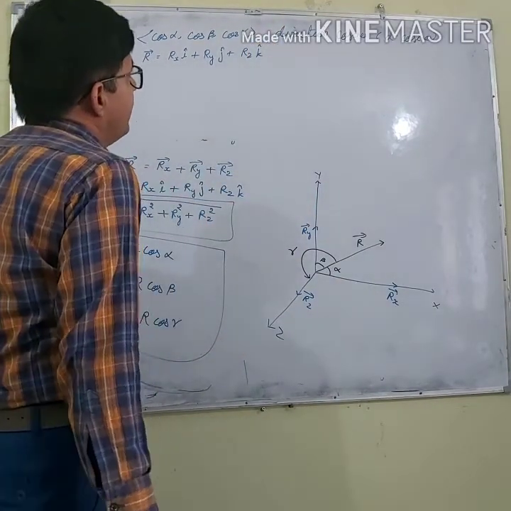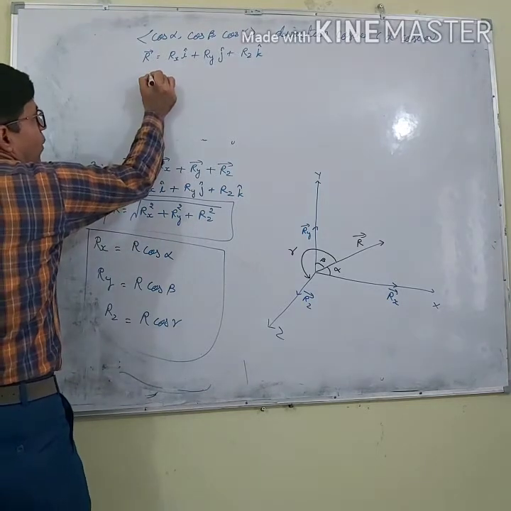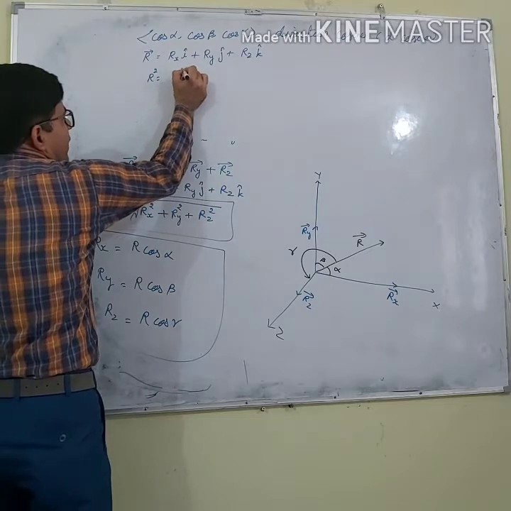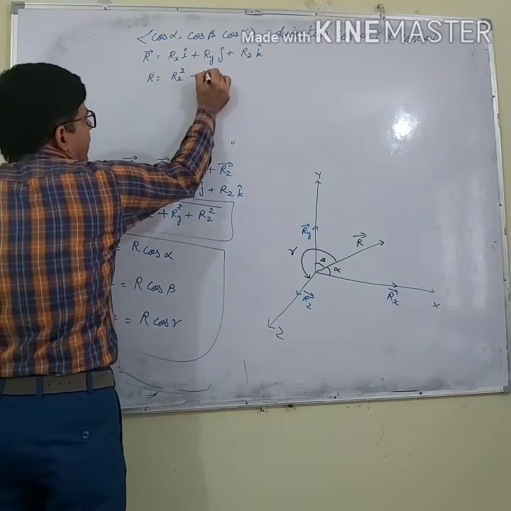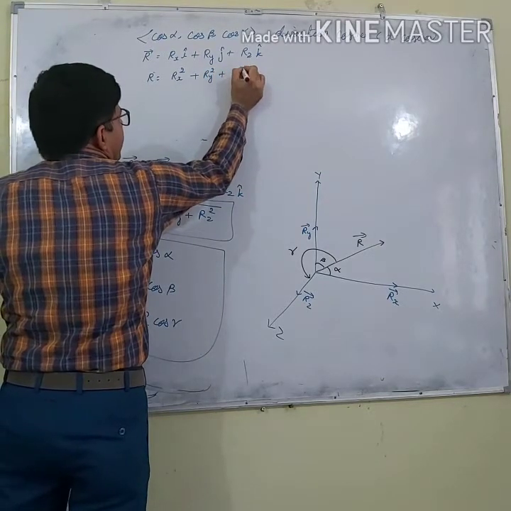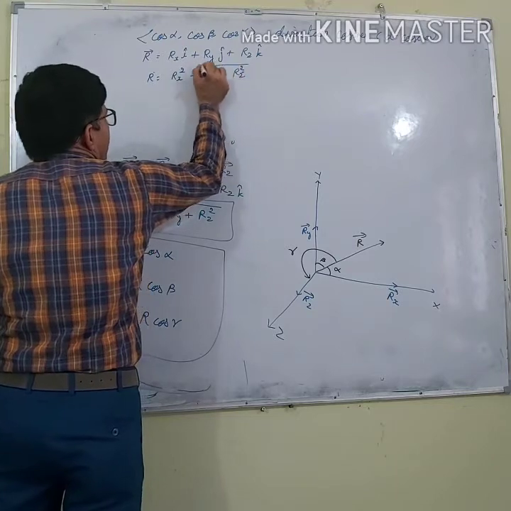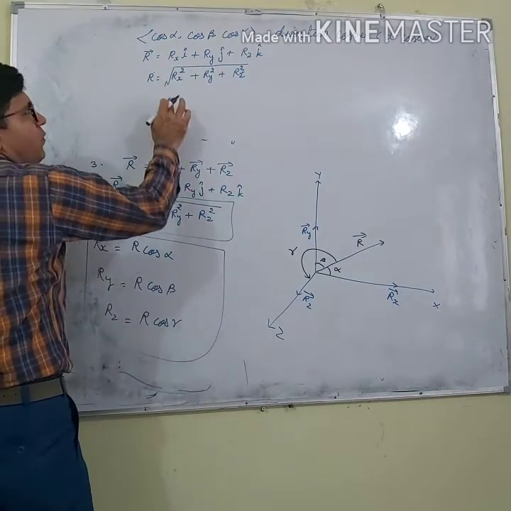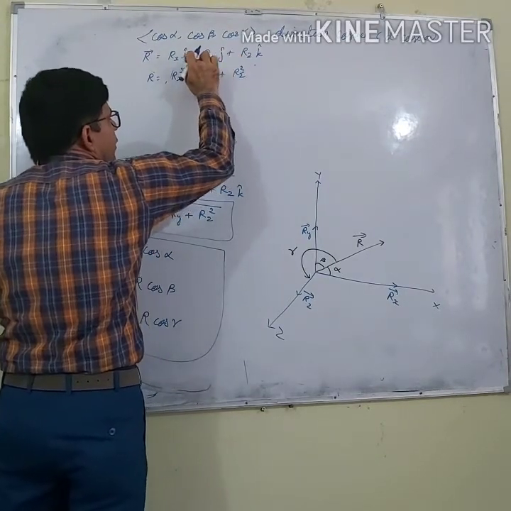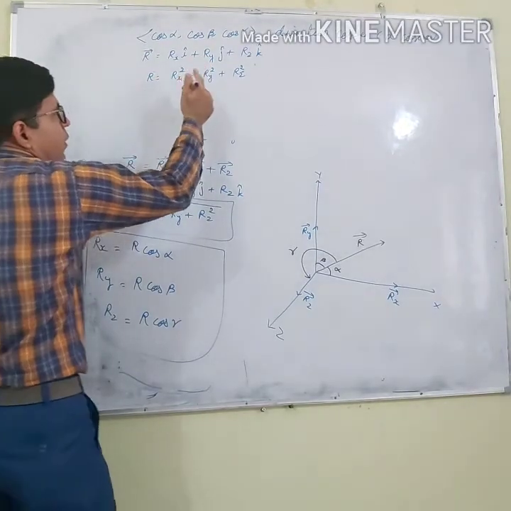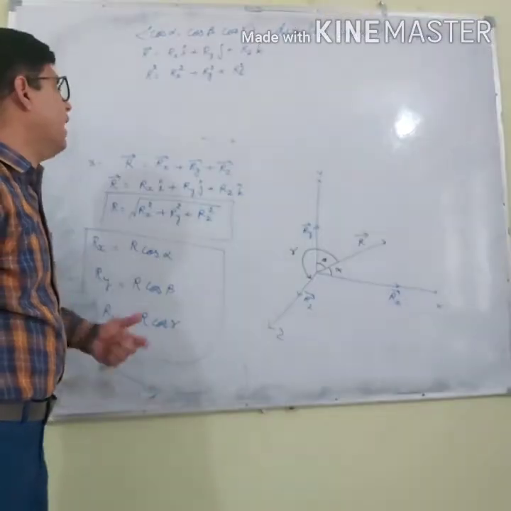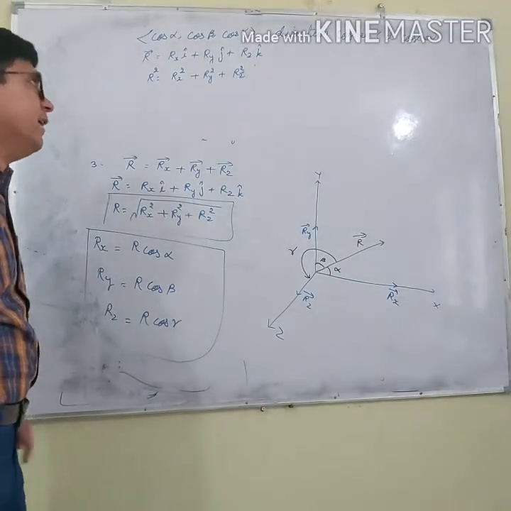In magnitude, R equals the square root of Rx square plus Ry square plus Rz square. If I square both sides, the square root will be erased, so I can write simply R square equal to Rx square plus Ry square plus Rz square.